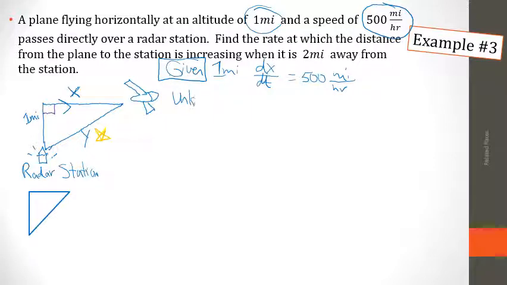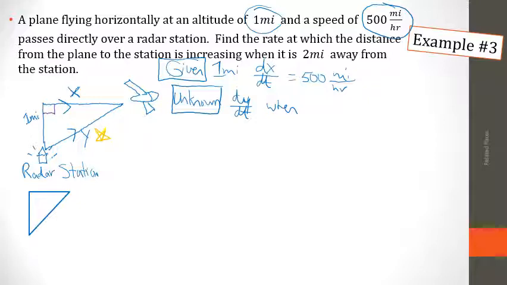What is our unknown? Let's read. It says, find the rate at which the distance from the plane to the station, so that's this rate, find dy dt, how fast that one is going, when it is 2 miles away from the station.